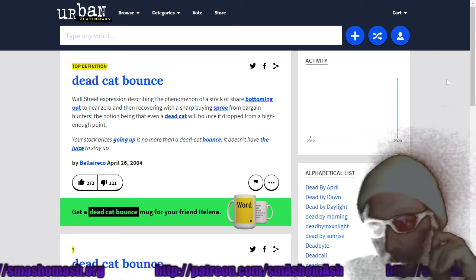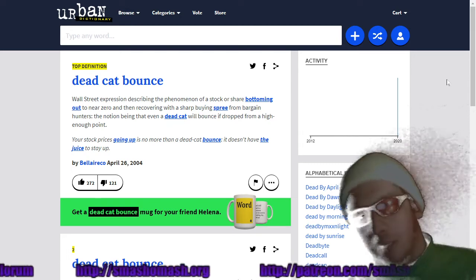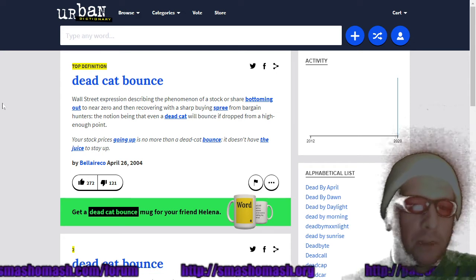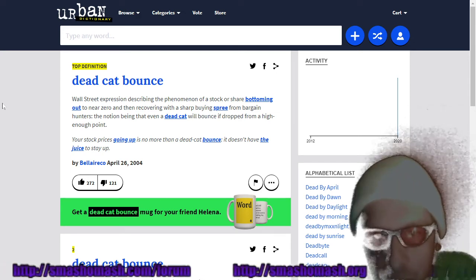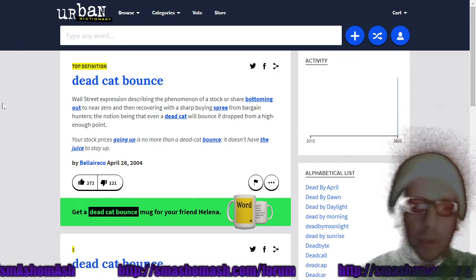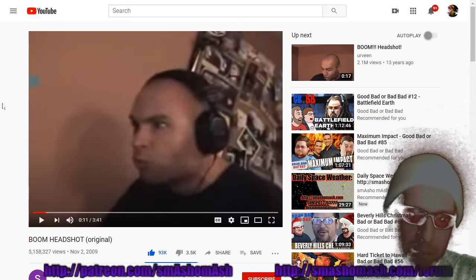And this holds true with most stock crashes. I won't say anything else or give you any, quote, investment advice, end quote. But Wall Street expression describing the phenomenon of a stock or share bottoming out to near zero, then recovering with a sharp buying spree. The notion that even a dead cat will bounce if dropped from a high enough point. It's real, folks, and there are many, many millionaires.